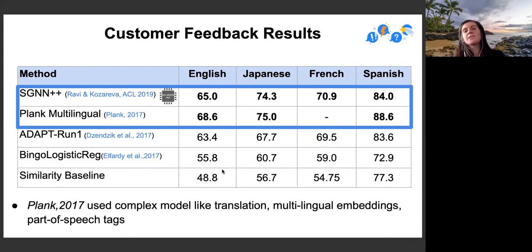They were using the translation from Japanese, French, and Spanish and adding it as data to English, then repeating the same process for every language. The reason to do that is to increase your training data and the diversity of the vocabulary, right? And they were also using a lot of different multilingual embeddings and a lot of part-of-speech tagging information. And this is all great.